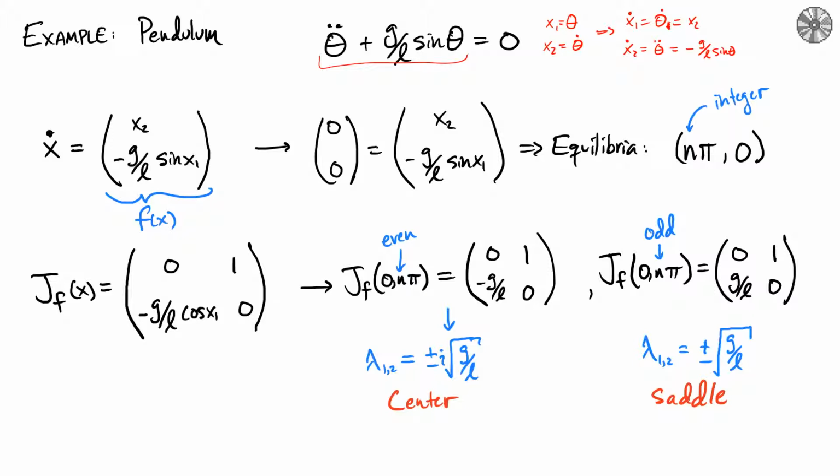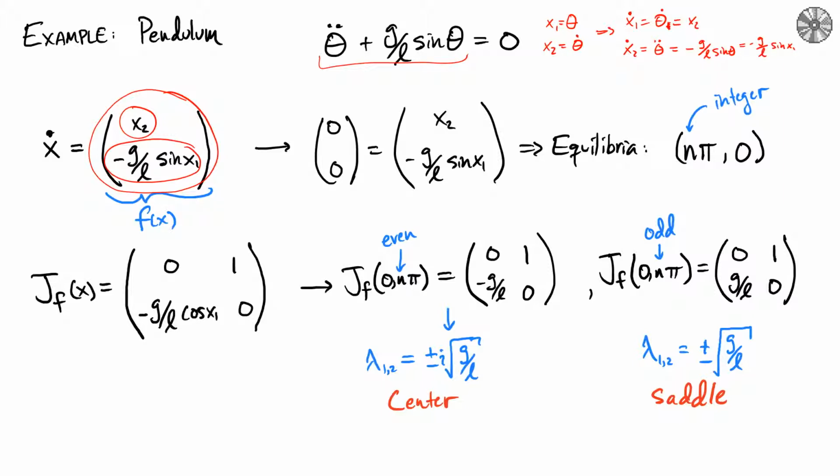And sine of theta we can write in our new states as sine of x1. That's exactly how we get this vector expression, and that defines what f actually is. So f1 is this function, f2 is this function.